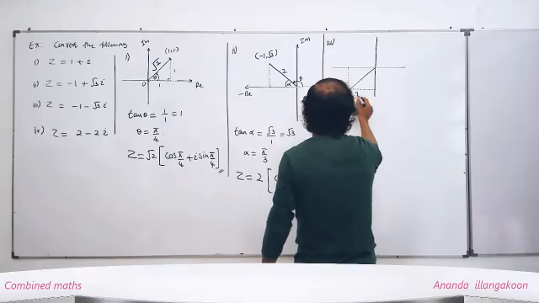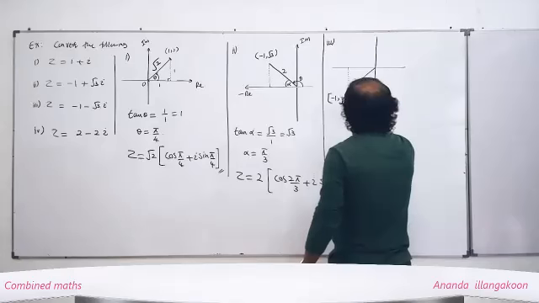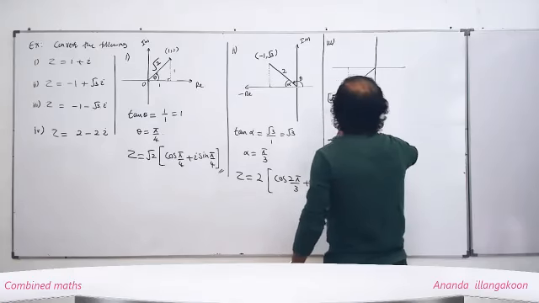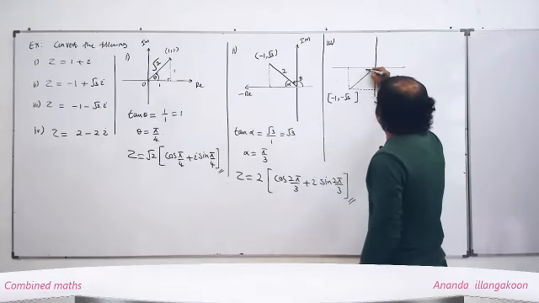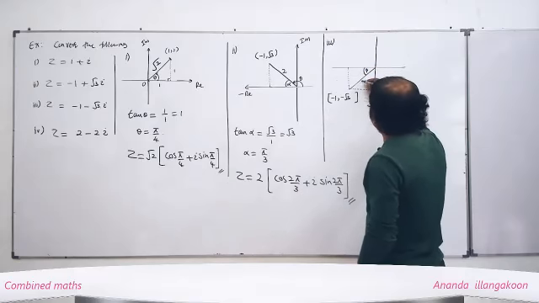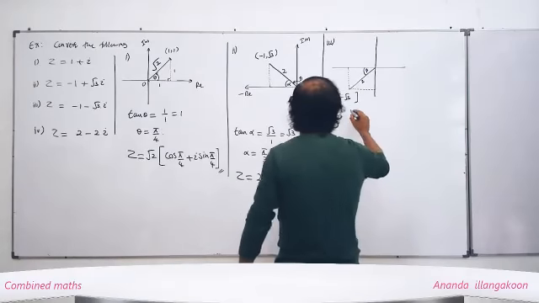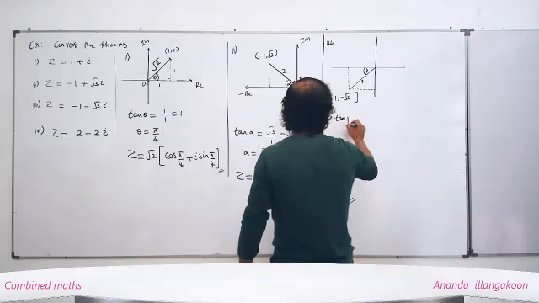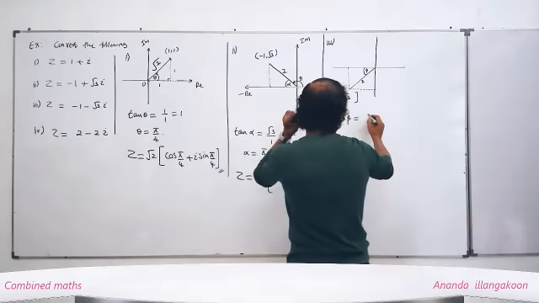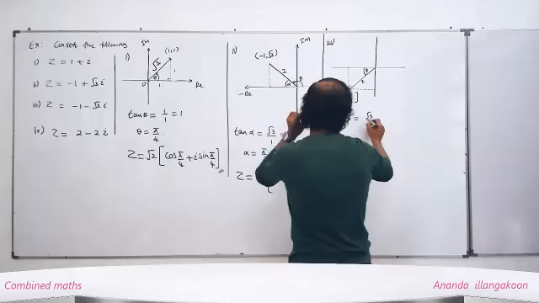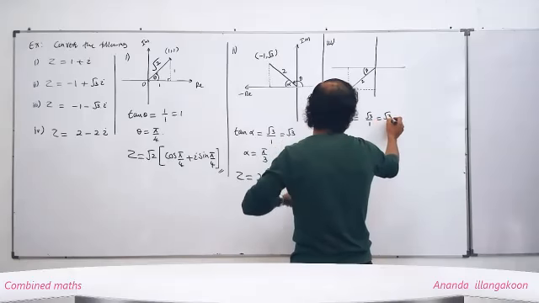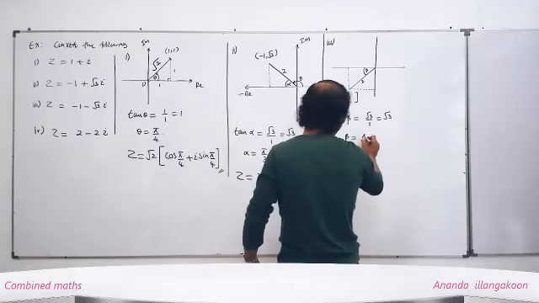This point is minus 1, minus root 3, the coordinate form I'm writing. I'll take this as beta, people. This length, as before, is 2 by using the Pythagoras theorem. Then we can write tan beta is root 3 by 1, root 3, so beta is pi by 3.